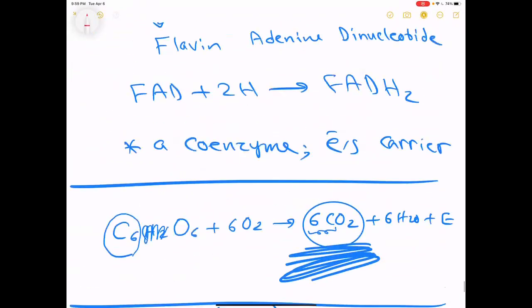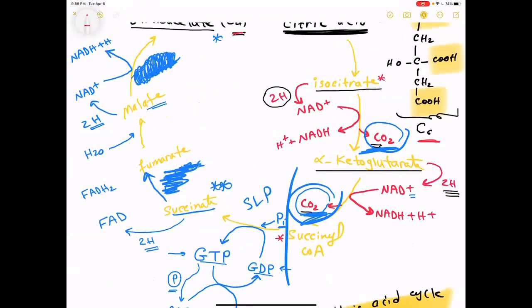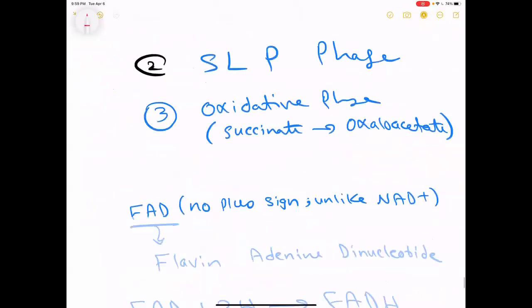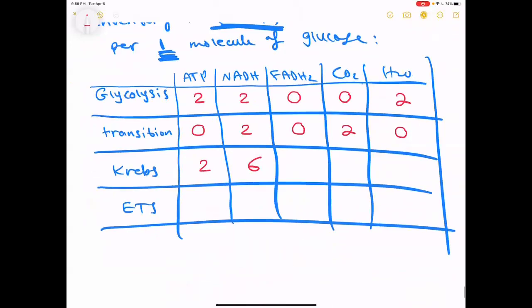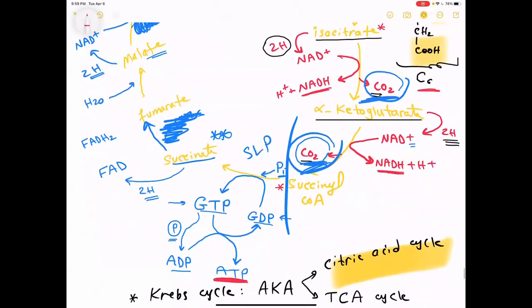NADH, 6: NADH, NADH, NADH times 2 firings, that's 6. FADH2, 2, because in 1 firing of that cycle you end up with 1.